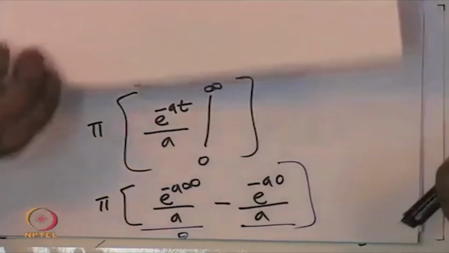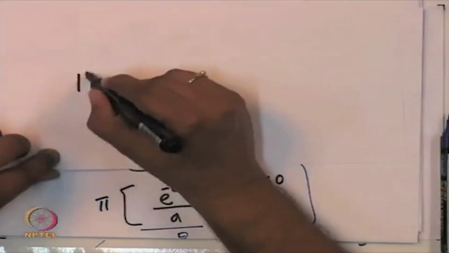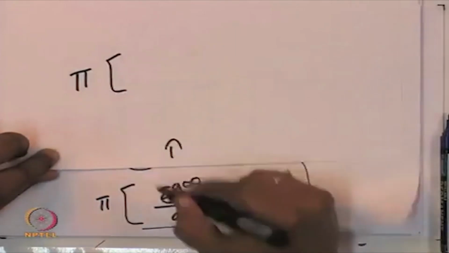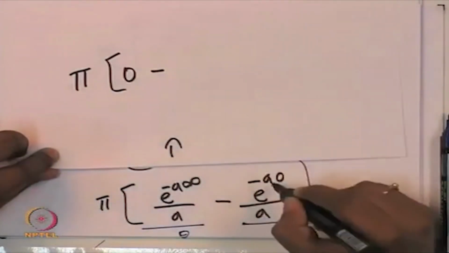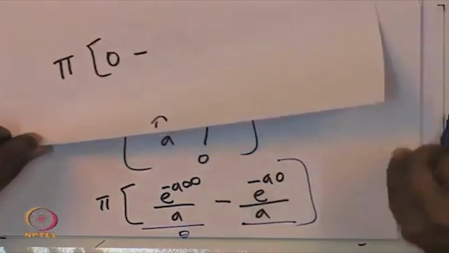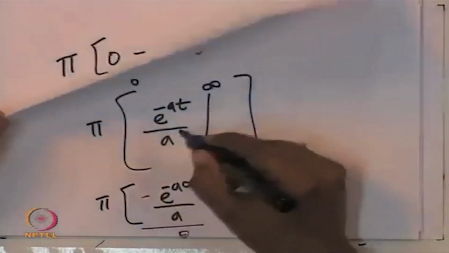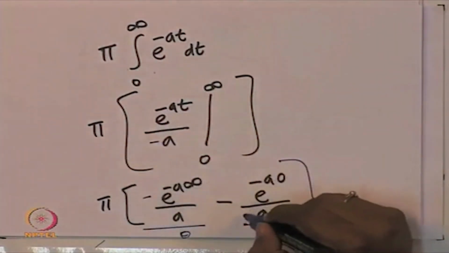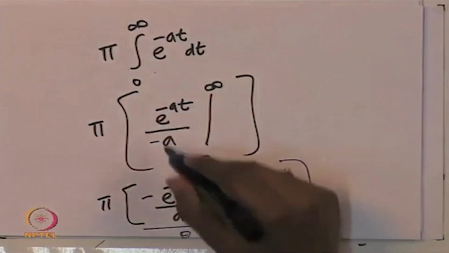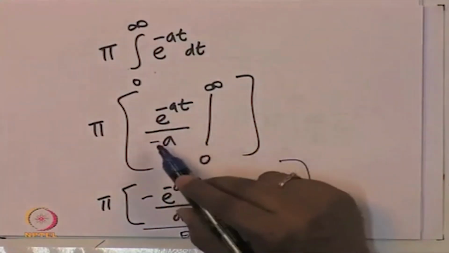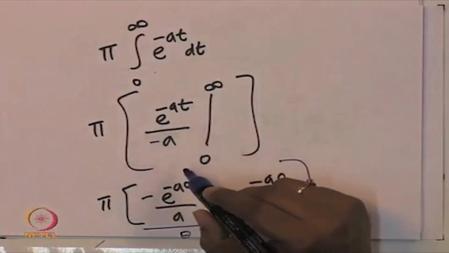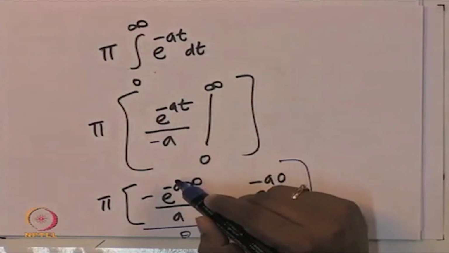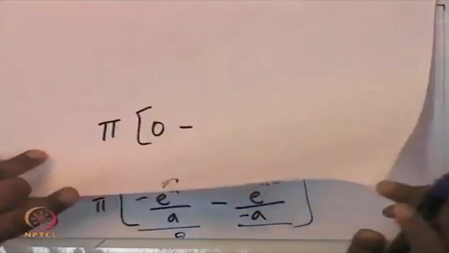So, what we get is basically pi into this is 0 minus, and there is another minus sign, because e power minus a by minus a is there. There is a minus sign extra, because when you integrate e power minus a t, the integral is e power minus a t by minus a, and therefore a minus sign.